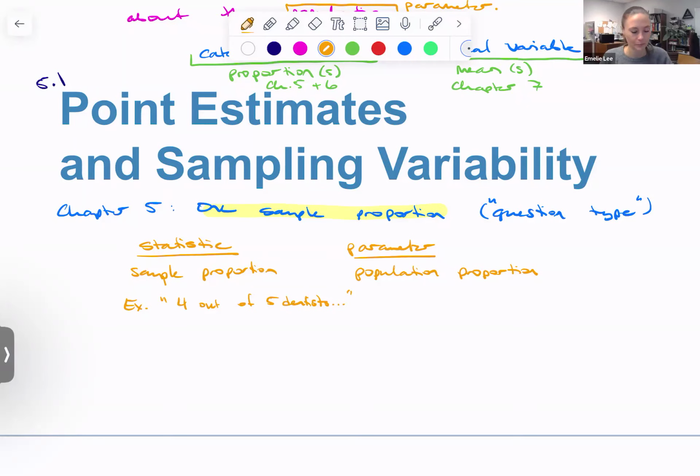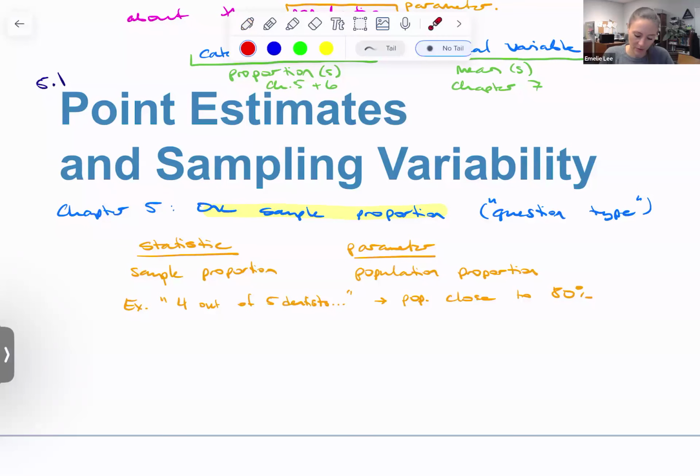Whatever that is, 80%, I guess. And so the population is close to 80%, but not necessarily exactly 80%. We know if we took a new sample of 5 dentists, maybe 5 of them recommend Colgate or whatever.